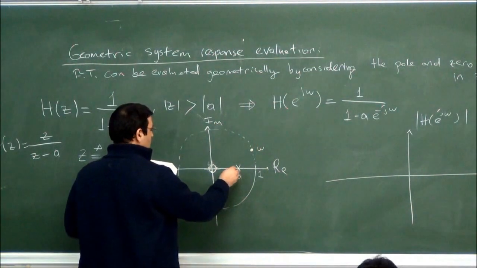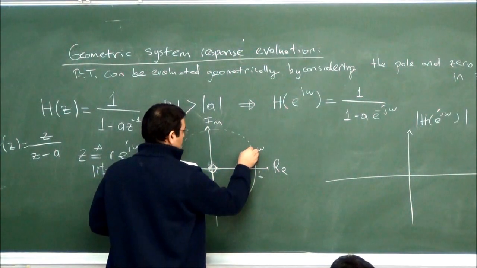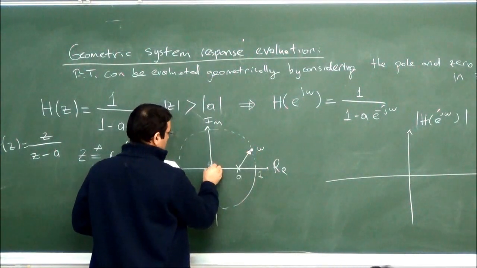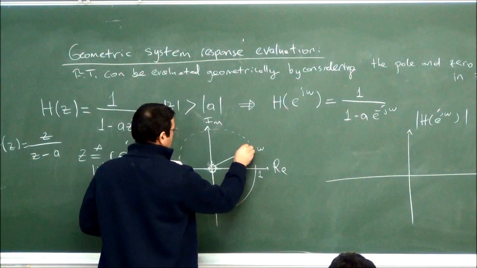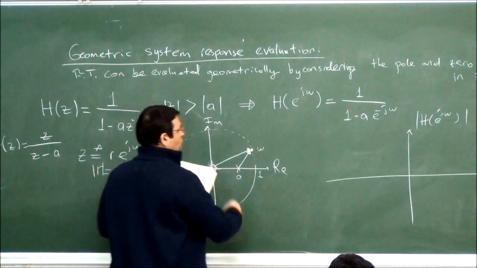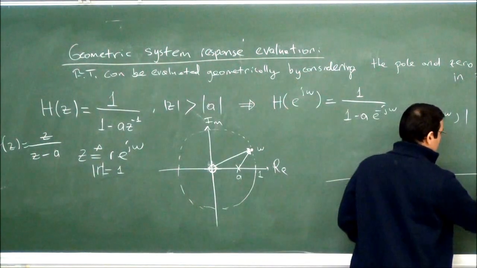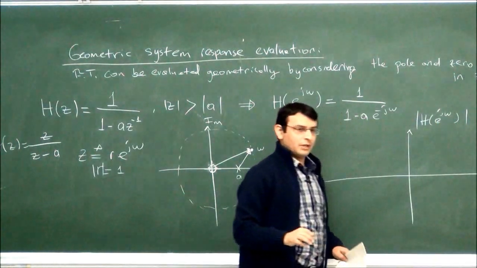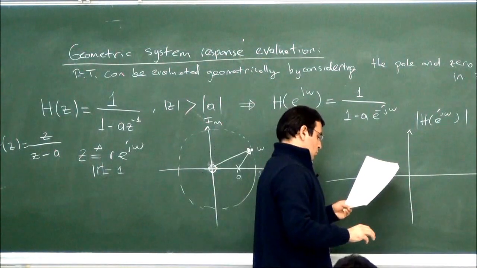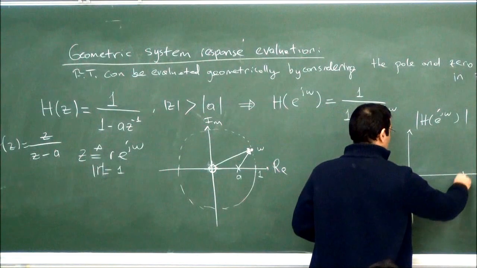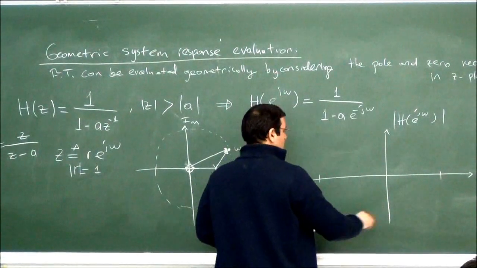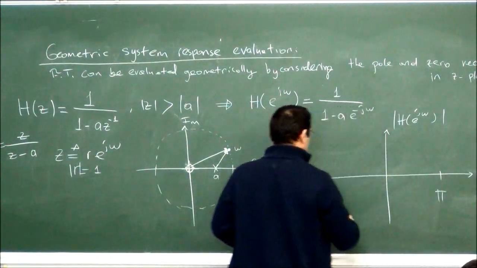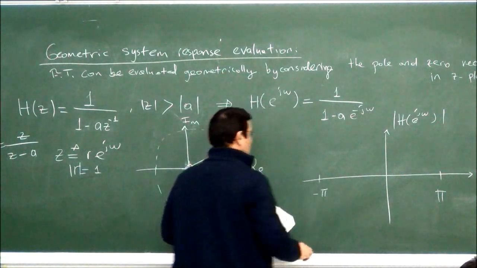How can we do this? Draw the vectors from the poles and zeros to the point omega. Omega is, in this case, the frequency axis. As you remember, for a discrete sequence, this is between pi and minus pi.